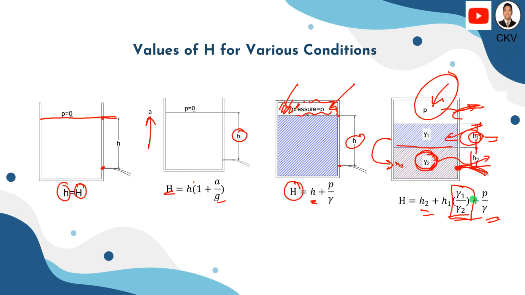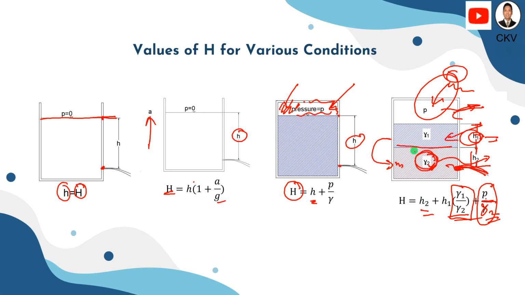Then add another head, P over gamma, for the pressure of the air right here. We divide that by the unit weight of the liquid at the opening.